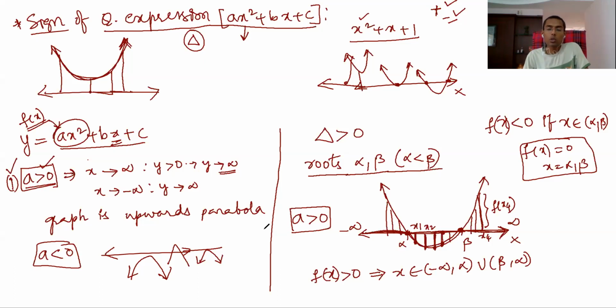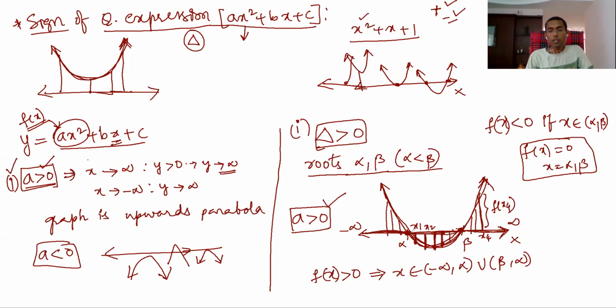That's the first point. I explained this graphically with the help of delta. If delta is greater than 0, the roots will be real and distinct. Let alpha and beta be the roots, alpha less than beta. For a greater than 0, the upward parabola intersects at two different points, alpha and beta.